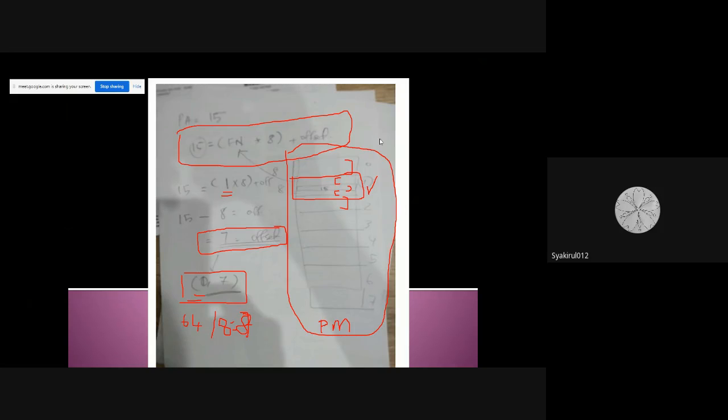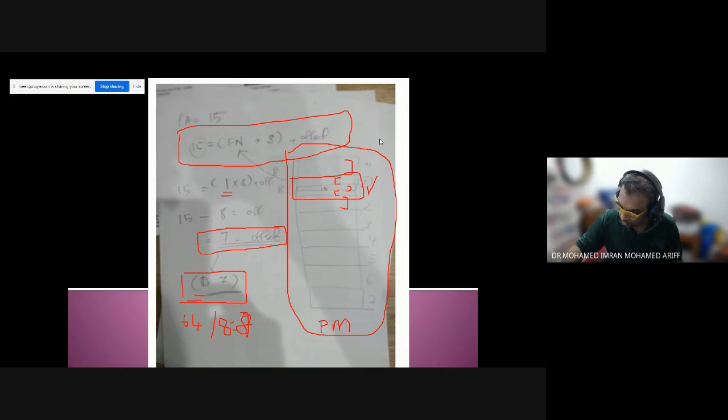Frame number 4. Frame number 4. Let's find out betul tak? 37. Yes, correct. Yes, 37 berada dalam frame number 4, which is this one here. Dalam ni ada 37. So bila you dah tahu frame number, you terbalik-balikkan je lah. You tengok page table, you terbalik-balikkan.